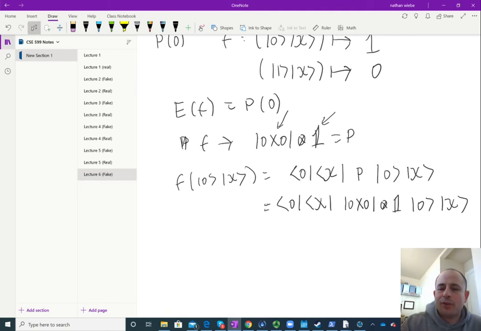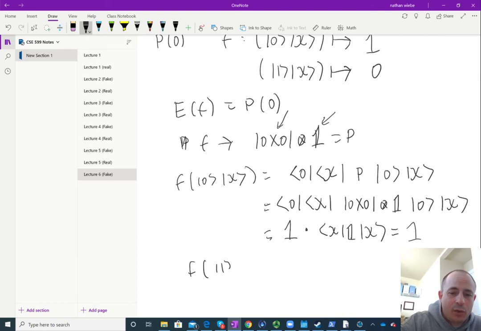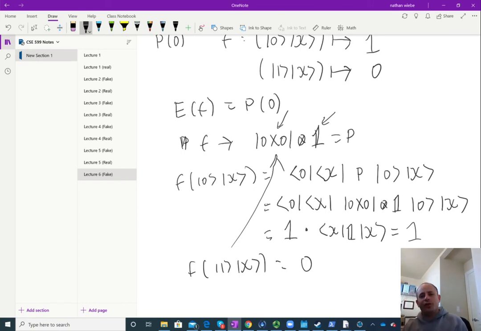Okay, but using the properties of matrix multiplication across tensor products, we see that this is actually just 1 over here times the expectation value of identity in the state chi, which is equal to 1. All right, so this actually has the desired effect. Similarly, if we put in 1 over here, because 1 is orthogonal to that projector, this will always be 0.